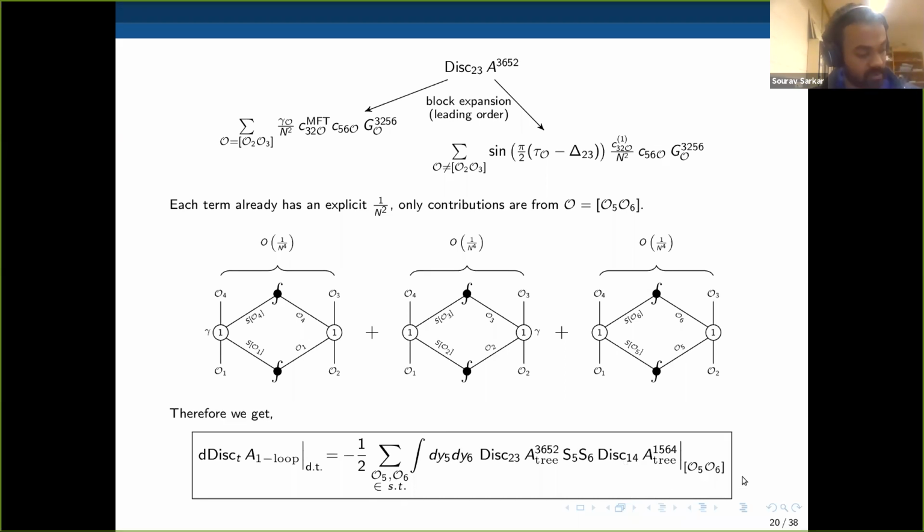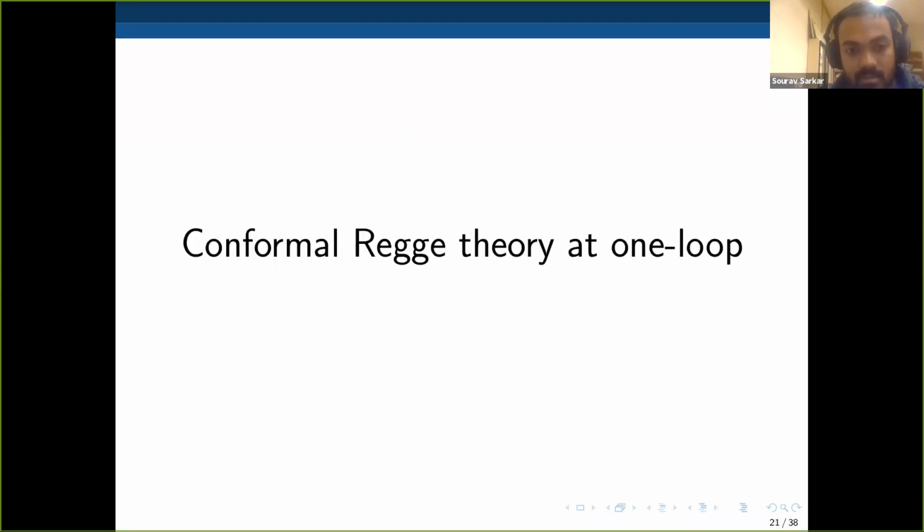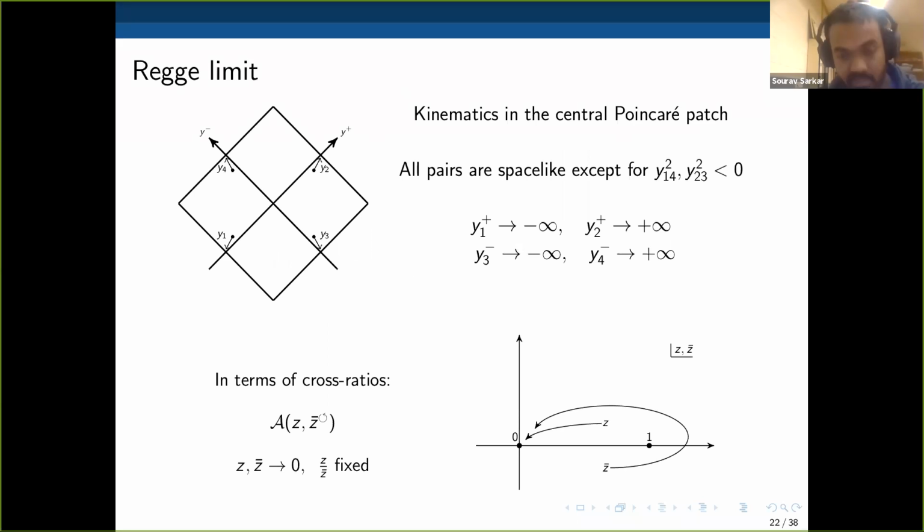Now next we want to apply this result to conformal Regge theory. But first, let's briefly go through the Regge limit. The Regge limit can be described from this diagram.